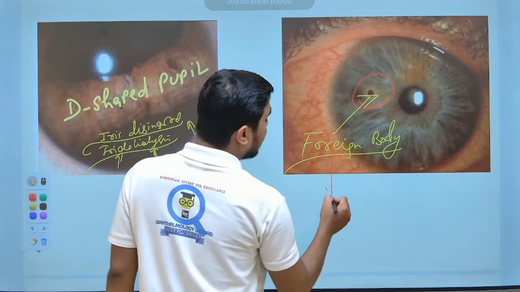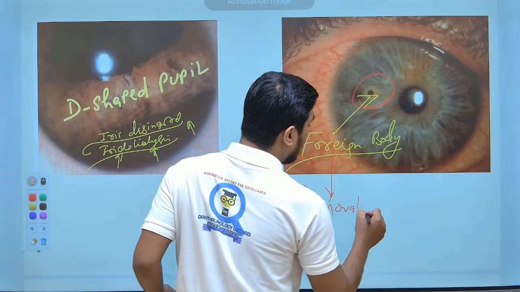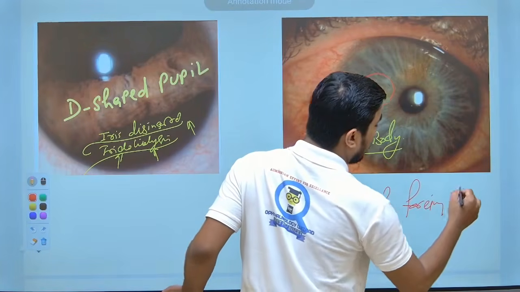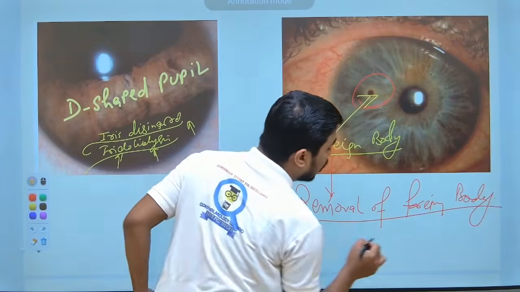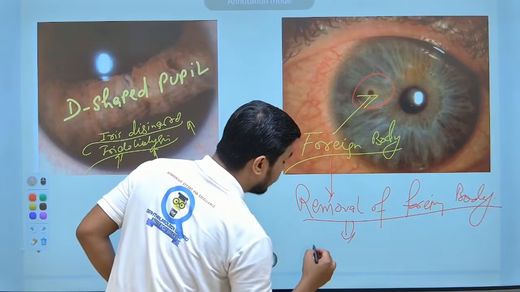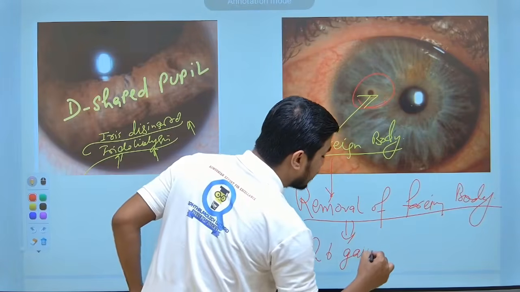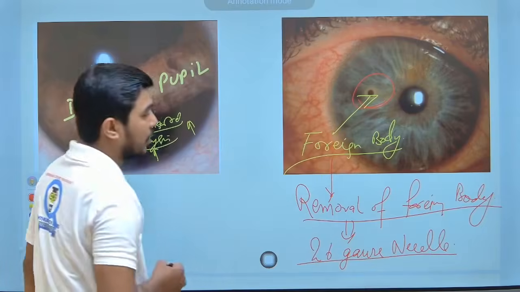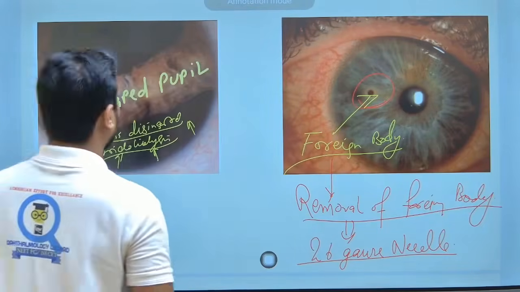The very first thing, removal of foreign body. And how will you remove it? You will remove it with the help of a 26 gauge needle.